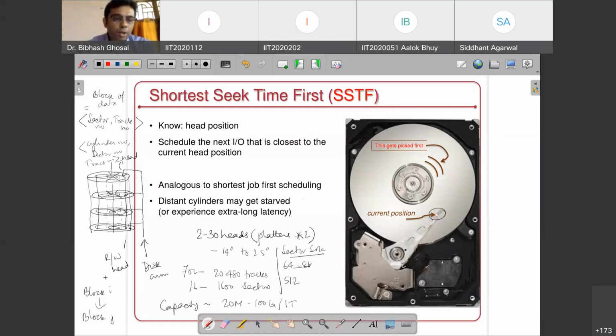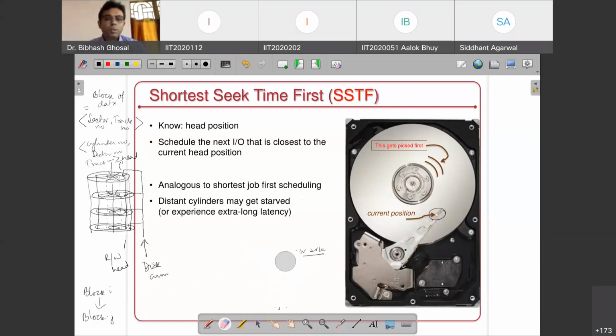One of the motions that we would have is the movement of the disk arm.